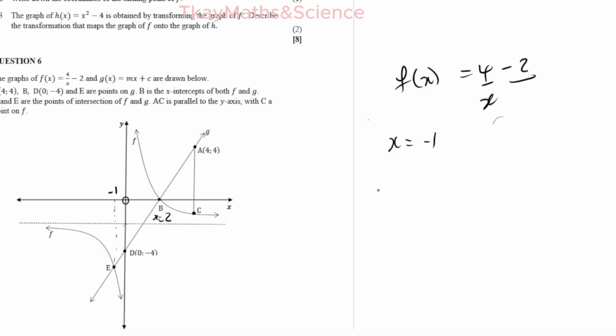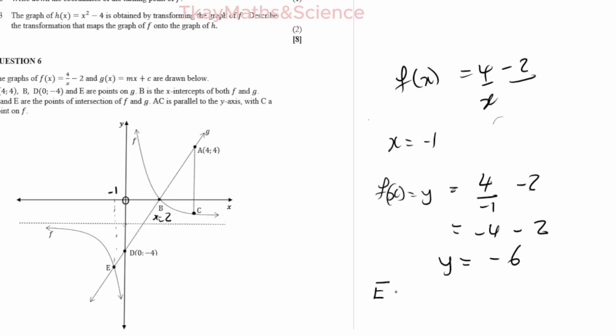We put it in this equation. So our f of x becomes what? f of x, which is our y value, is equal to 4 over -1 minus 2. So now -4 minus 2 here, it's going to be what? Our y value is going to be -6. All right. So now if you have a -6, which means this point E is equal to -1, -6.